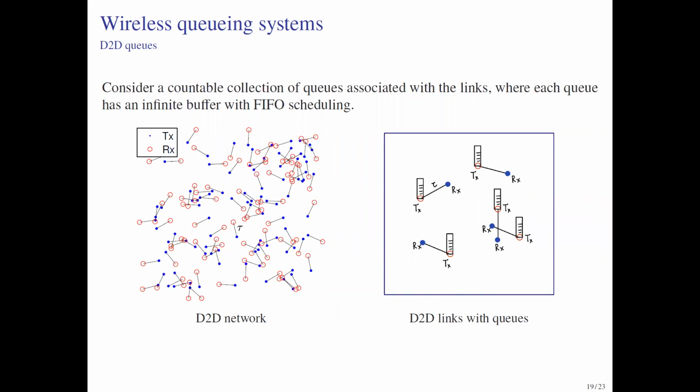Again, I take this device-to-device network case, and now I model the temporal traffic of each link at the transmitter, and they try to send the packets to the dedicated receiver, which goes through the fading and the interference, and the service rate is dependent on the signal to interference plus noise ratio.